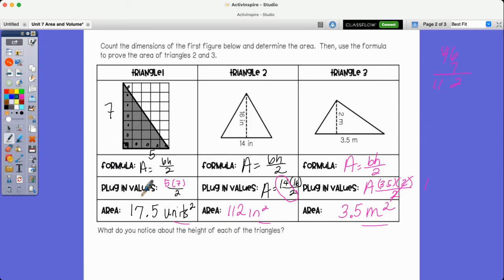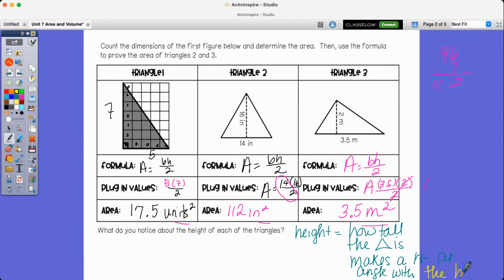What do you notice about the heights of each of the triangles? Well, the height is how tall the triangle is. It makes a right angle with the base.